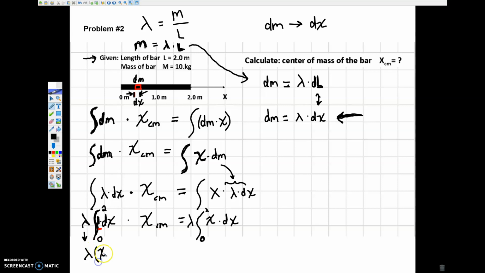And I'm going to put in the boundary conditions 0 to 2. And that's all going to be multiplied by the x center of mass. Now over here, I have my lambda, which I'm just going to bring down.